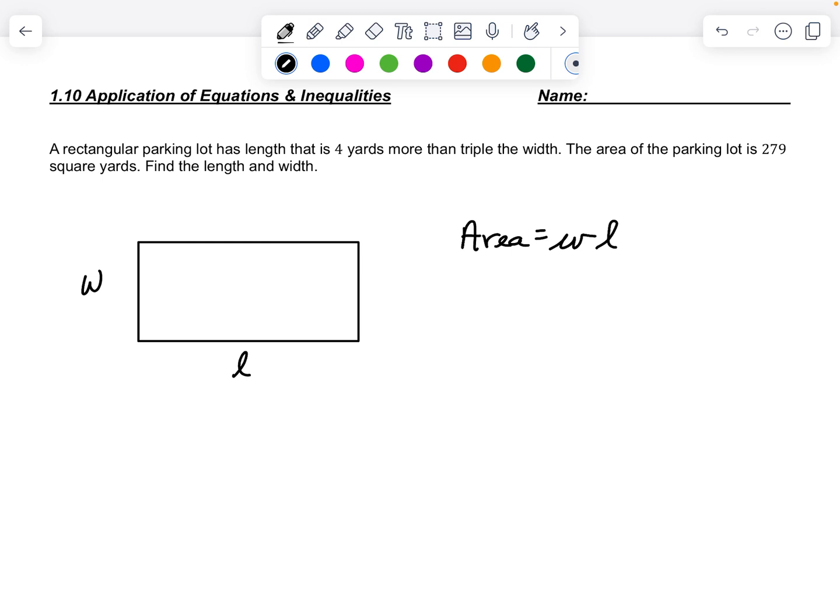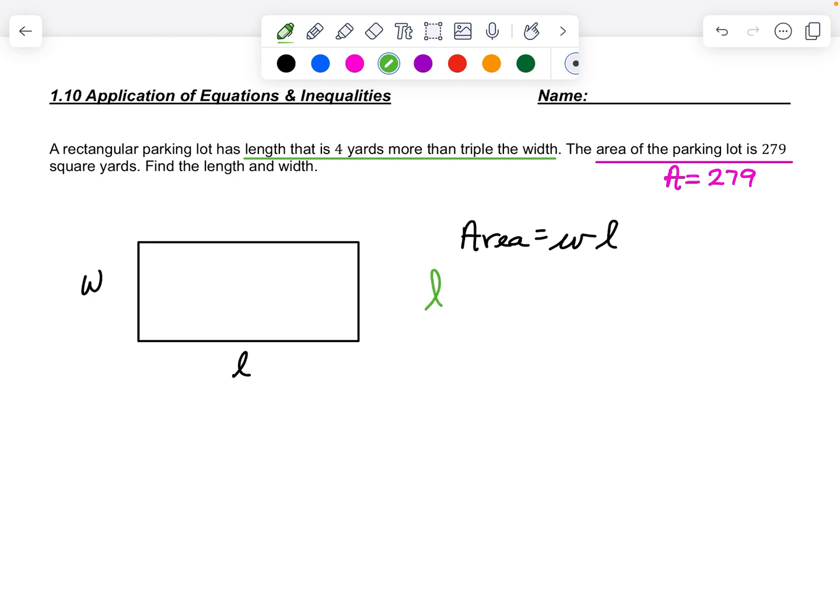So there's three variables there, so we need to have two of them accounted for, and then we can find the third. So it does tell us in the problem that the area of the parking lot is 279. So area equals 279. And then it does tell you that the length is 4 yards more than triple the width.